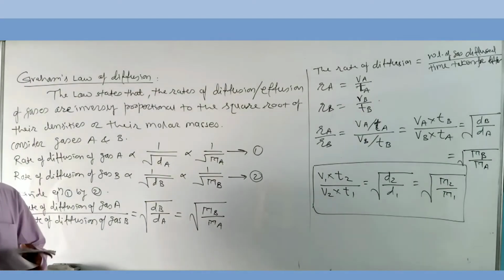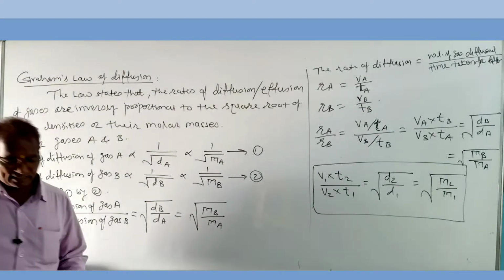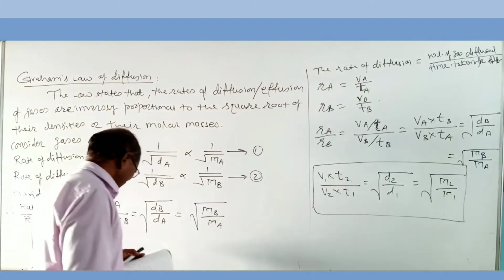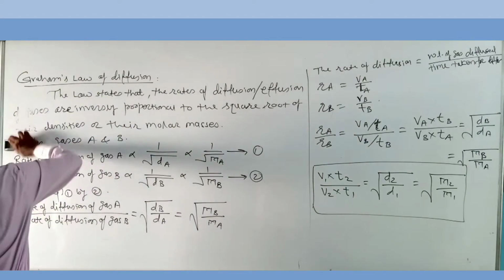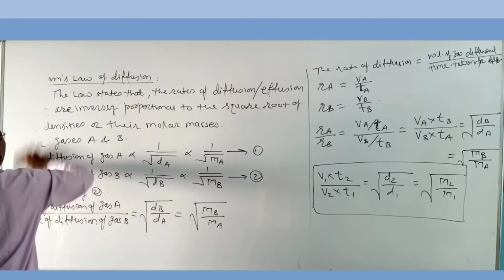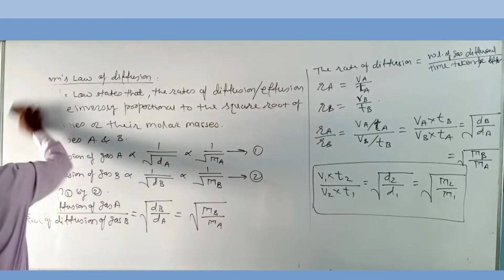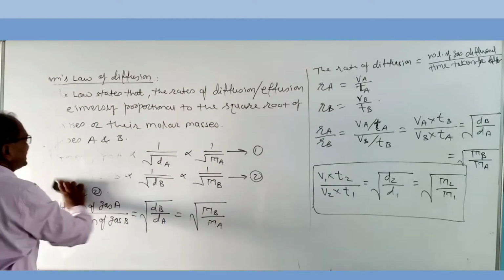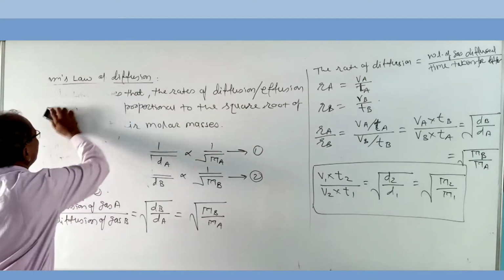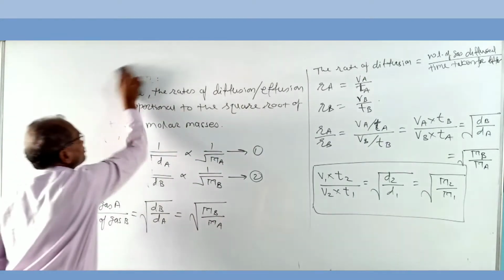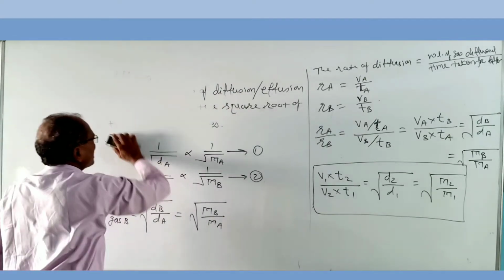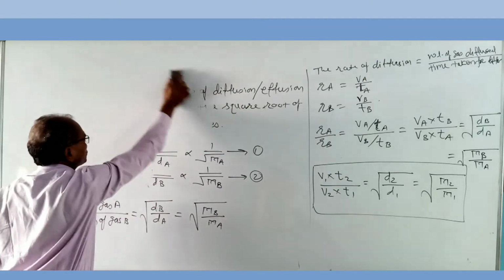Then we see the van der Waals equation. Van der Waals equation is due to the deviation of gases from ideal behavior to non-ideal behavior.